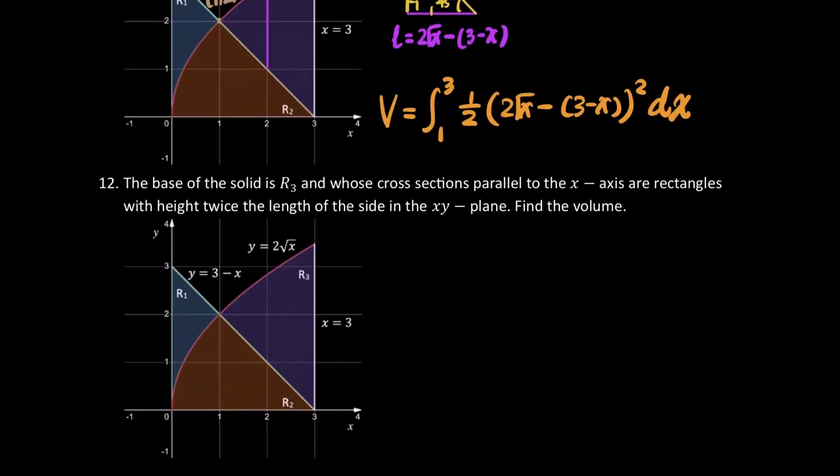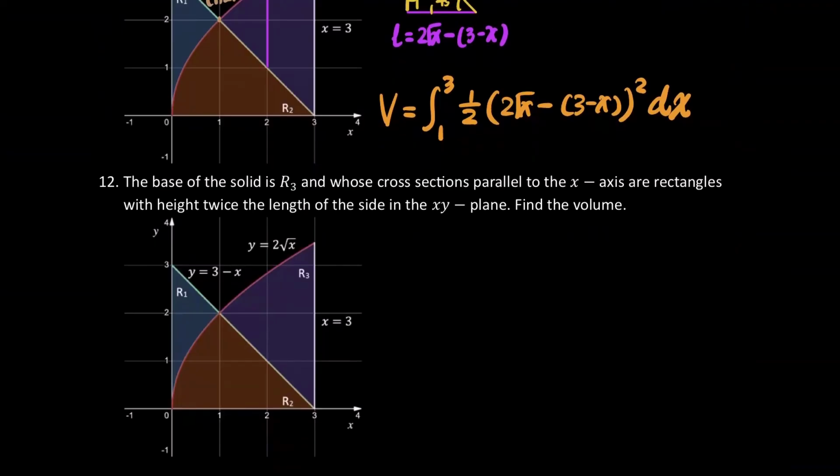In number 12, the base is still region 3, and the cross sections are parallel to the x-axis. That means perpendicular to the y-axis. So we're cutting it horizontally, and if we cut it horizontally for region number 3, we gotta do it in 2 pieces.